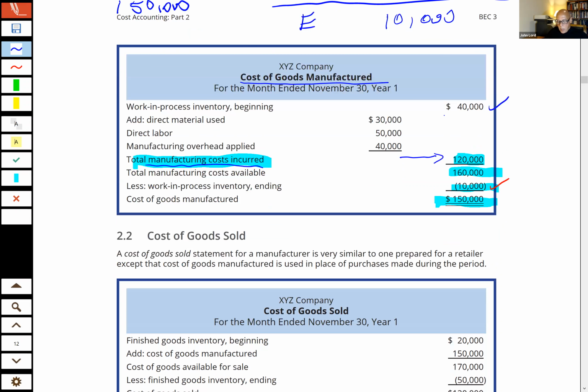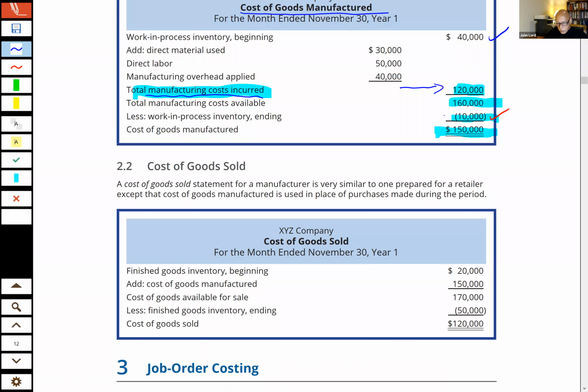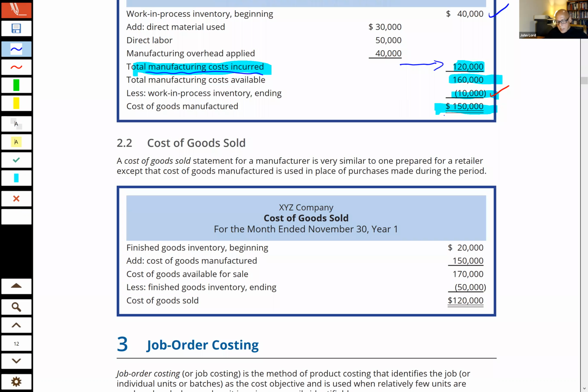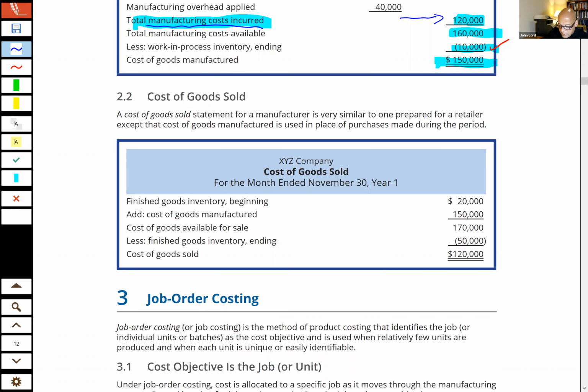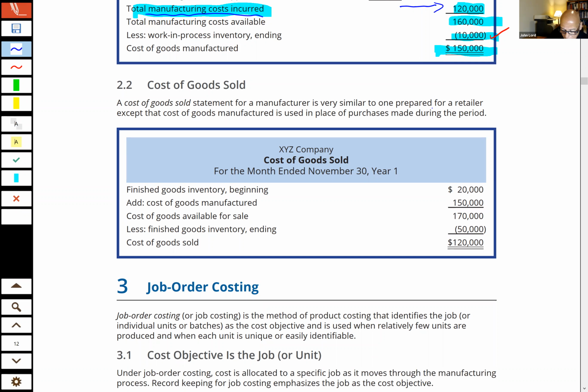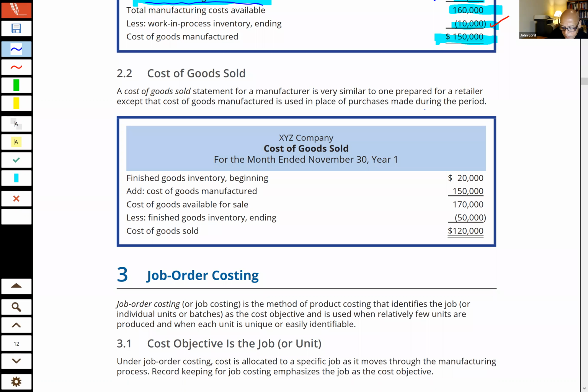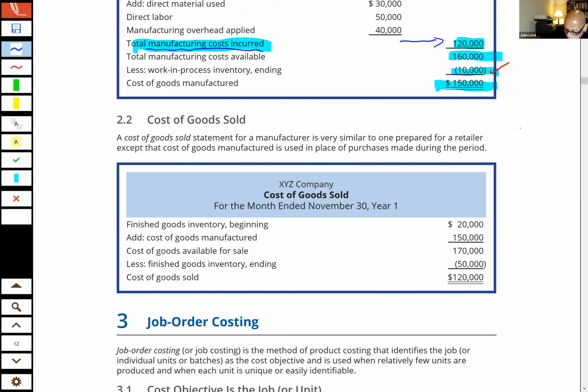Okay, good. Now, cost of goods sold, to me, guys, is, again, the way they're showing you the calculation, to me, if they were asking me what the cost of goods sold was, I know that I can get there by analyzing finished goods. So where do I want to write that?